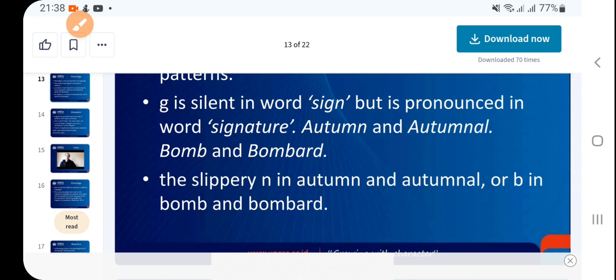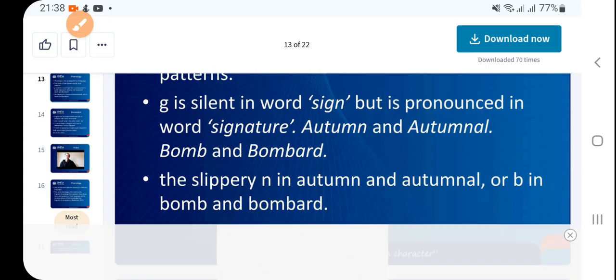The silent n in autumn, there is no sound of n, however we write n, but in autumnal the n sound is pronounced. Or b in bomb is silent, but in bombard it is pronounced.